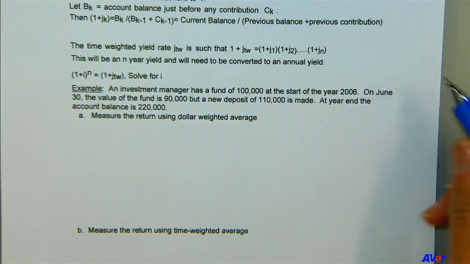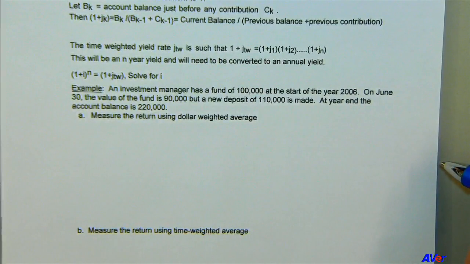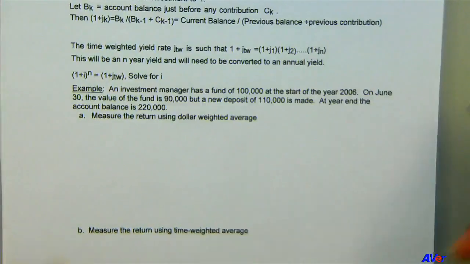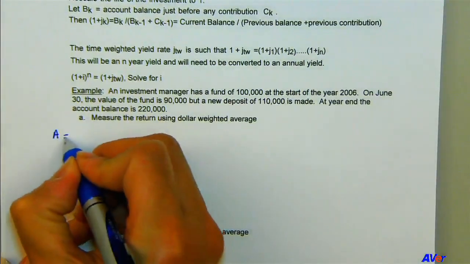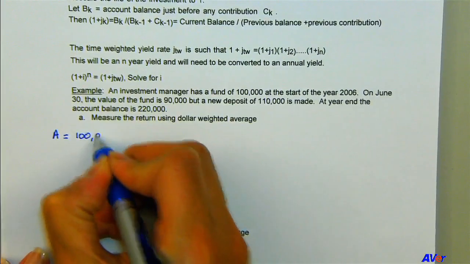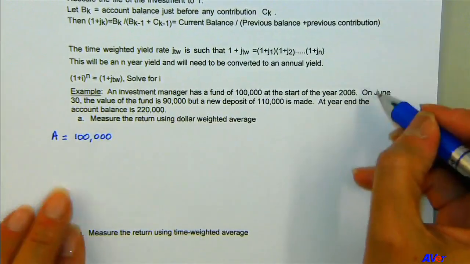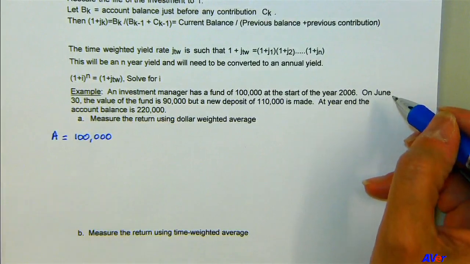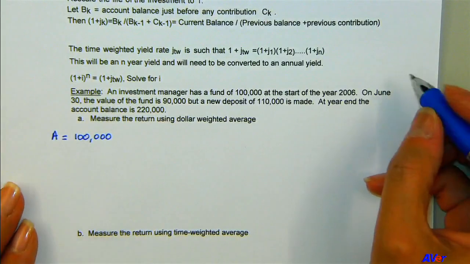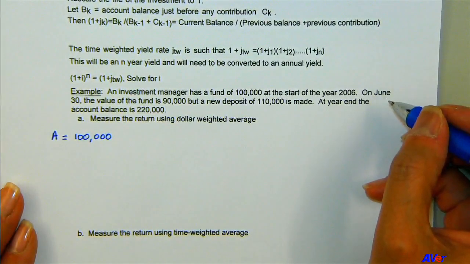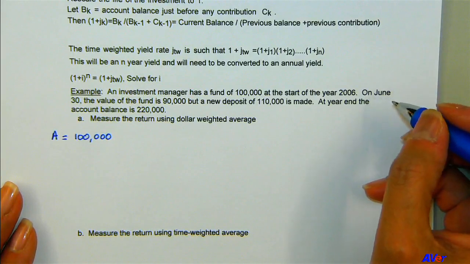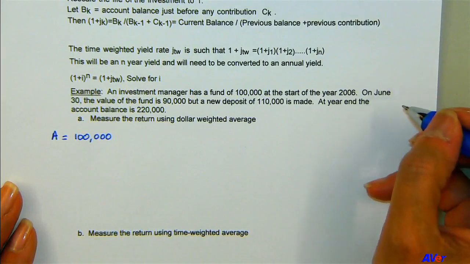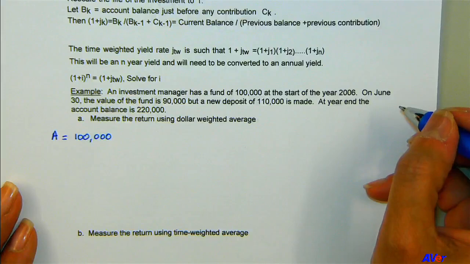An investment manager has a fund of $100,000 at the start of the year 2006. So I could write A equals 100,000. On June 30th, the value of the fund is 90,000, but a new deposit of 110,000 is made. At year end, the account balance is 220,000.